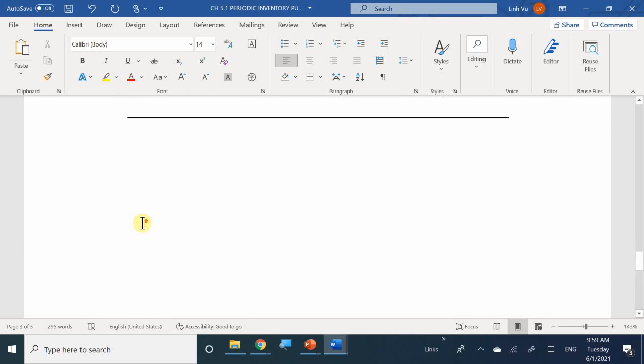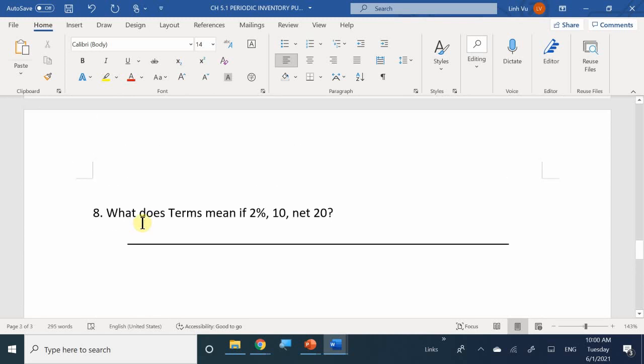Last but not least, question number 8. What does terms 2%, 10, net 20 mean? Pay within 10 days and you get the 2% discount. Good.